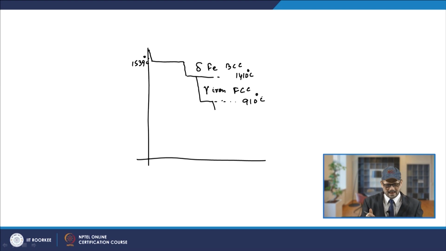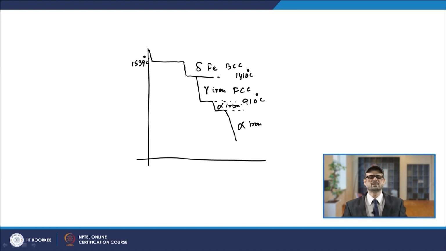Below that, down to 768 degree centigrade, you get alpha iron, and further below also you get alpha iron. Both of these are BCC. The only thing is that the alpha iron is magnetic in one range and non-magnetic in the other. Gamma iron is also non-magnetic. So this is the cooling curve for pure iron.